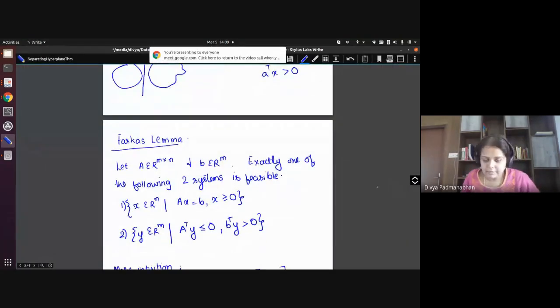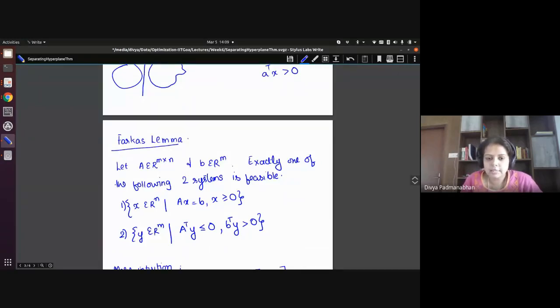So the statement is this. Suppose you have a matrix A in R^{m×n} and a vector b which lies in R^m. Exactly one of the following two systems is feasible. One system is the set of all solutions to Ax = b, where x is non-negative.